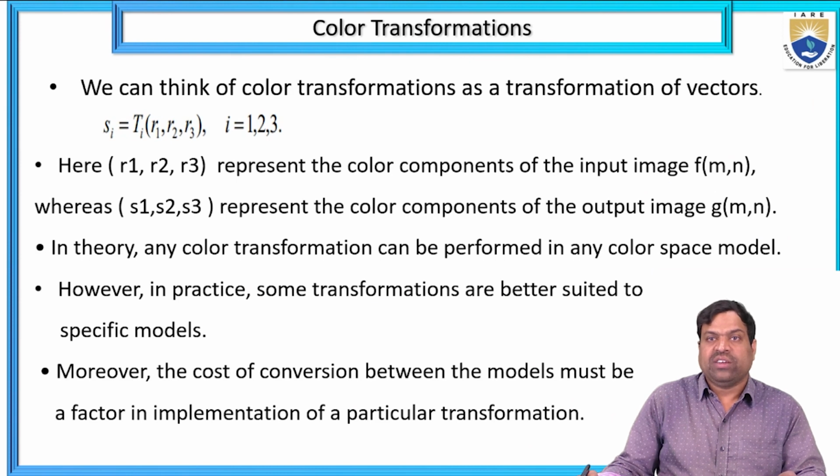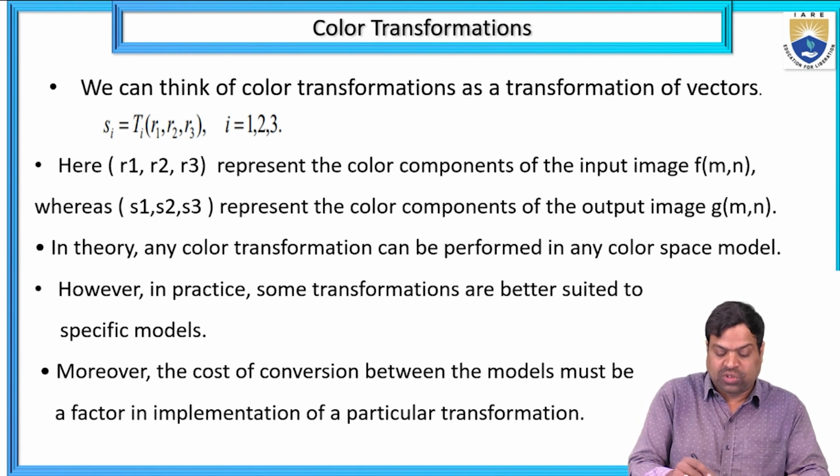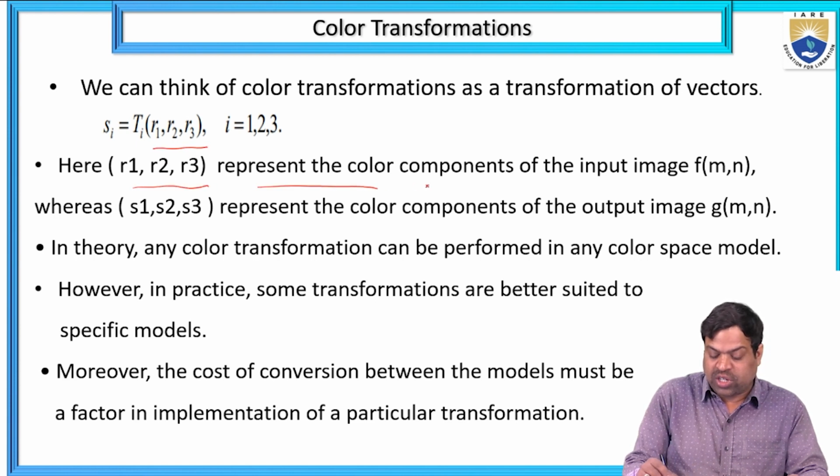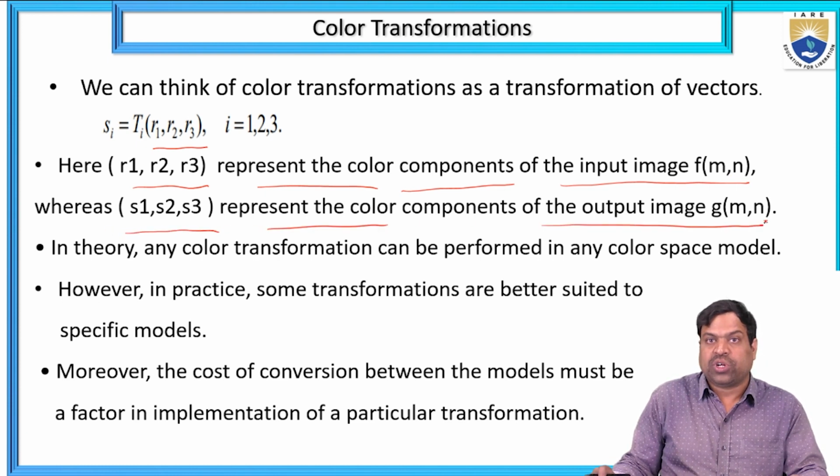We can think of the color transformation as a transformation of vectors: s_i = T_i(r1, r2, r3), for i = 1, 2, 3. Here r1, r2, r3 represent the color components of the input image, and s1, s2, s3 represent the color components of the output image.